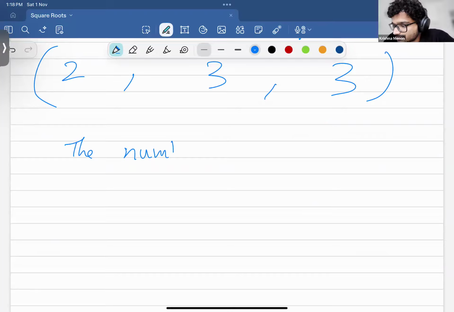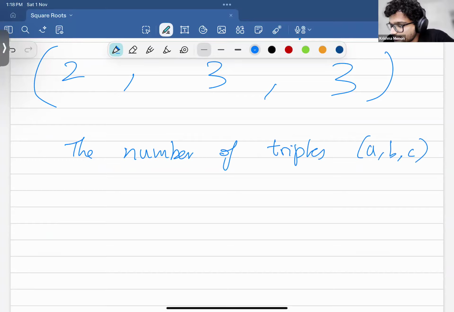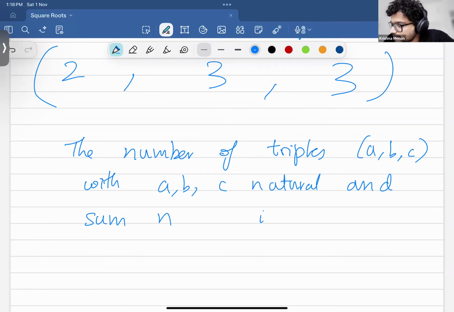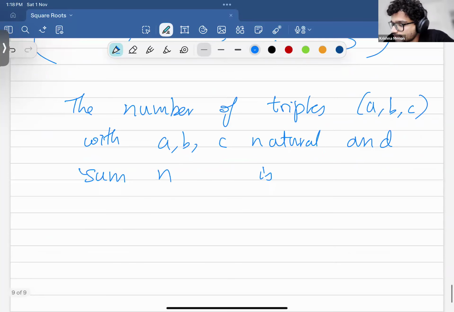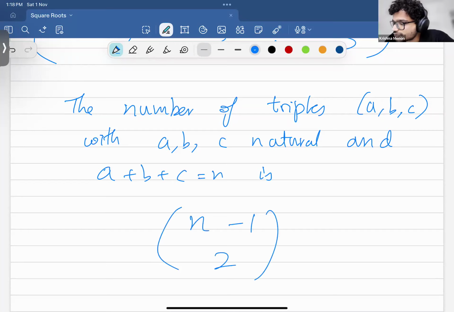The number of triples A, B, C with A, B, C natural and A plus B plus C equal to n is n minus 1 choose 2.